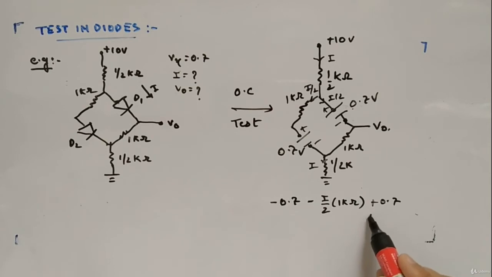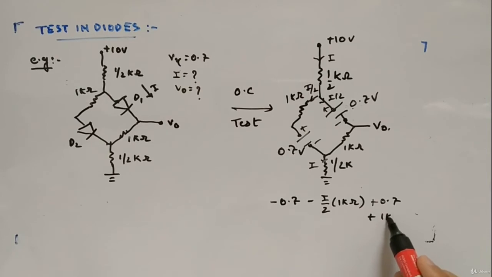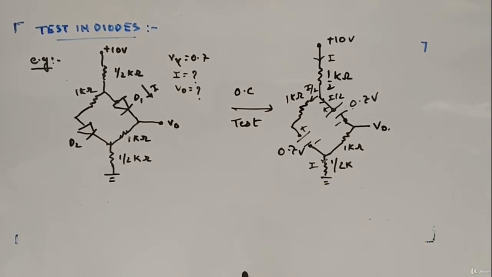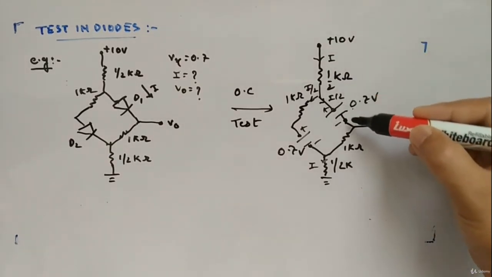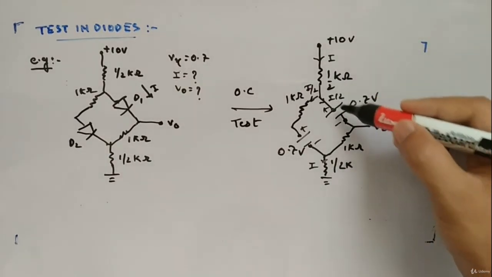So plus 1 kilo ohm. We are not able to find any current. So maybe not the best way. Rather we should go in this direction like this.